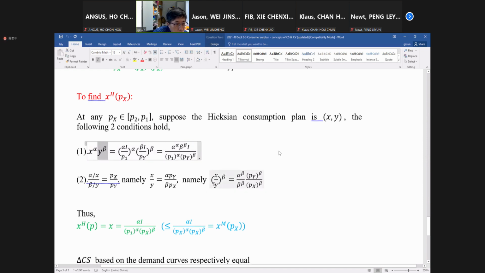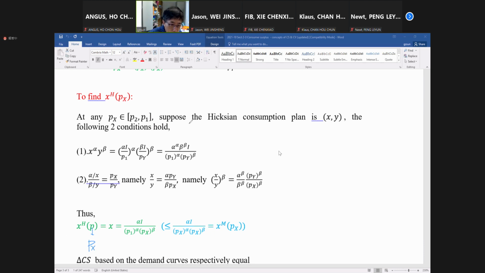At the same time, x to the power of alpha times x to the power of beta will be equal to x. There's a small mistake I should emphasize. This x should be px. At px, the Hicks demand equals this one.